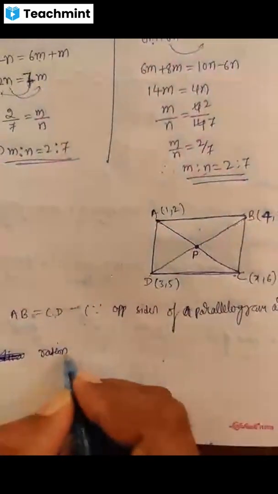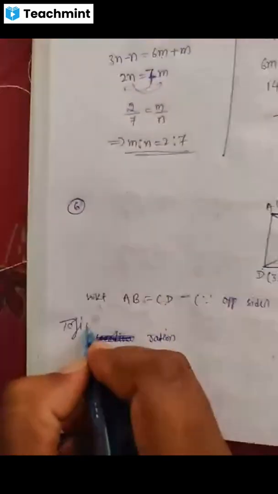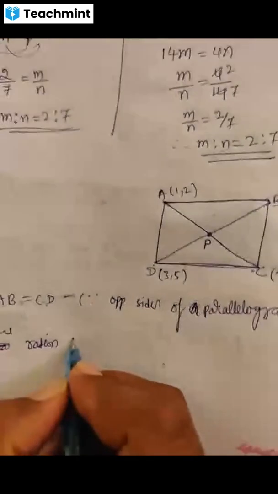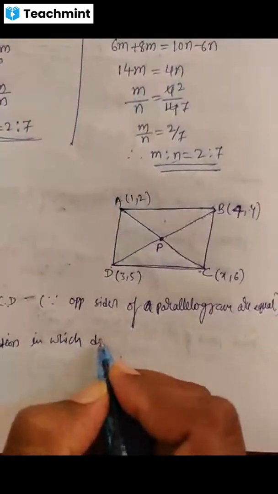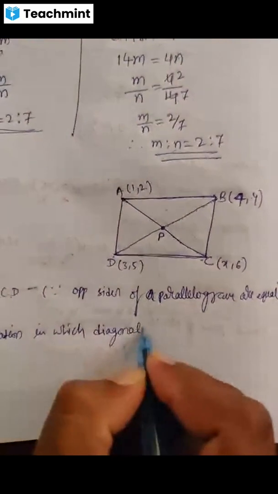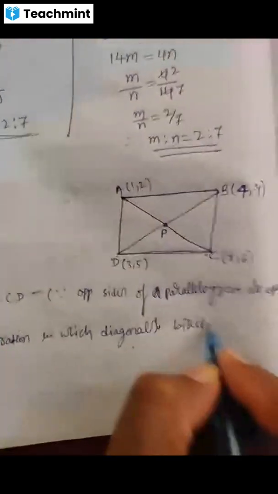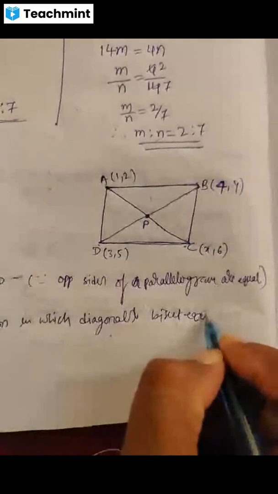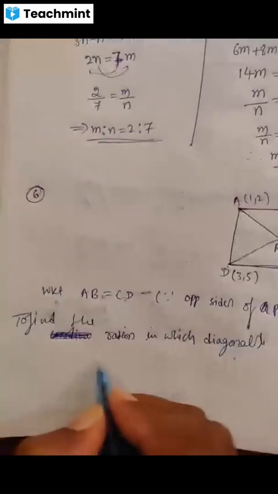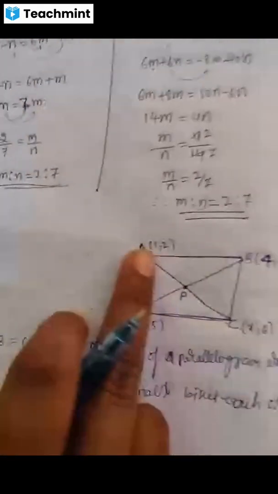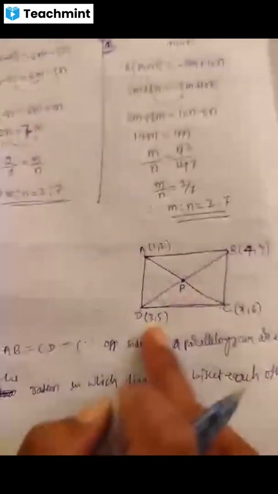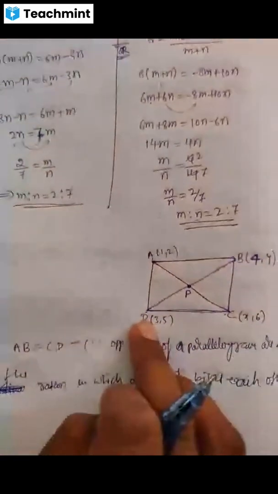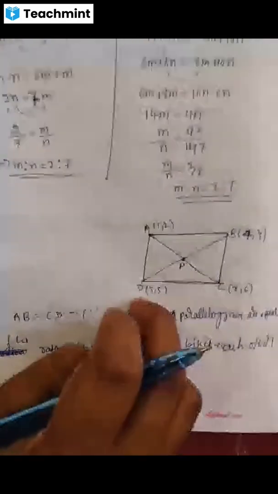To find the ratio in which the diagonals bisect each other, you may take AC or BD. You can take the coordinates of A and C, or you may take the coordinates of B and D, whichever coordinate is given.